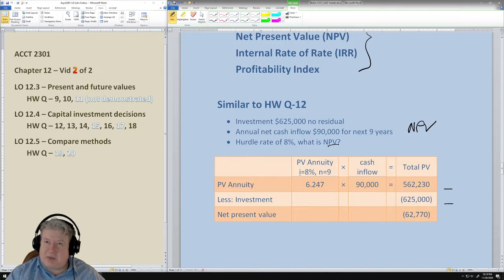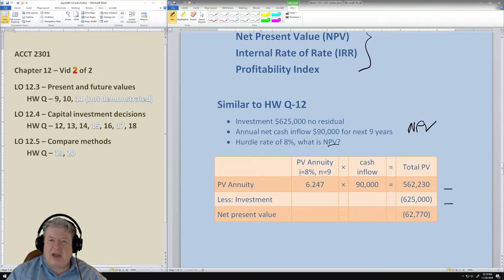It is some smaller number, because we have to take into account the interest we would have gotten if we had that money right now. So we take the positive cash flow coming in, the present value of annuity, with i of 8% and periods of 9. We look up on the table and get 6.247, multiply by the cash flow, and we get this amount.